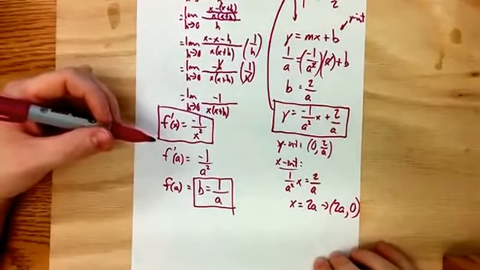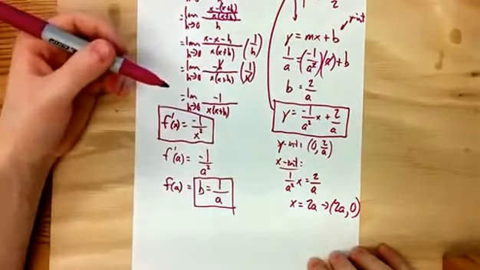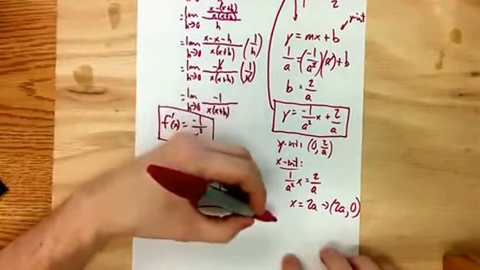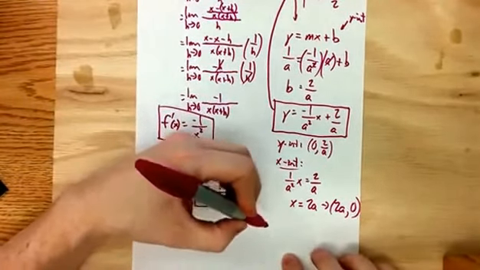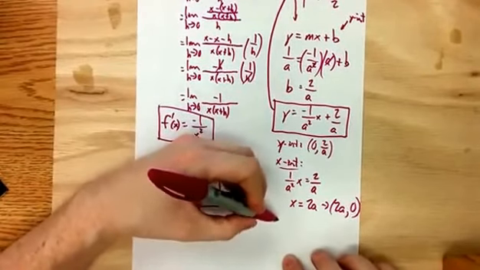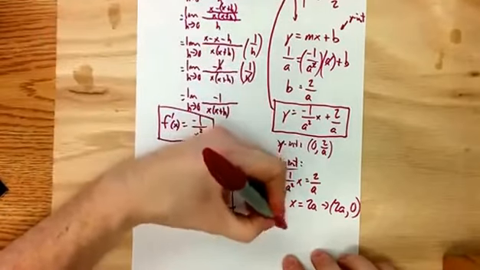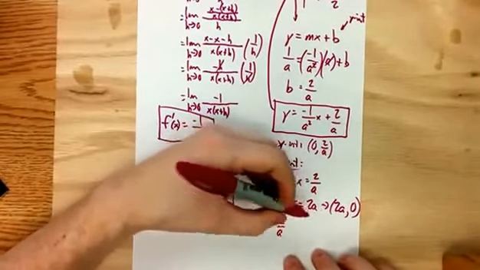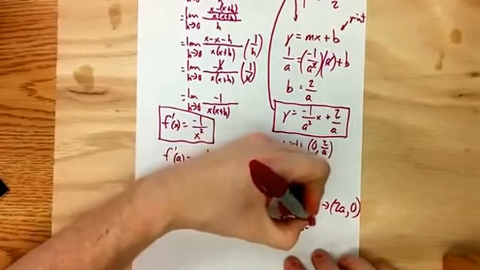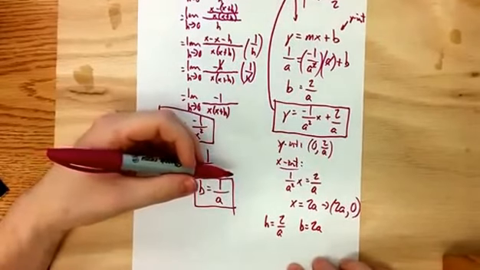So for the triangle that I had right at the very beginning of the problem, I now have a base and a height, because those were the x and y intercepts for my tangent line. I've got my height, which is the y-intercept, or 2 over a. I've got my base, which is the x-intercept, or 2a.